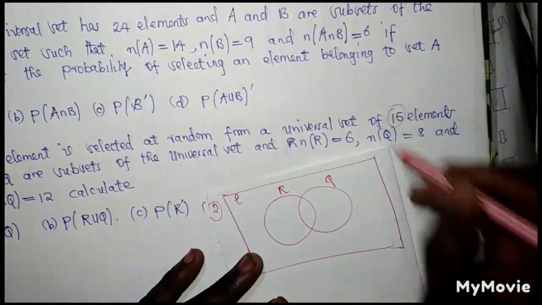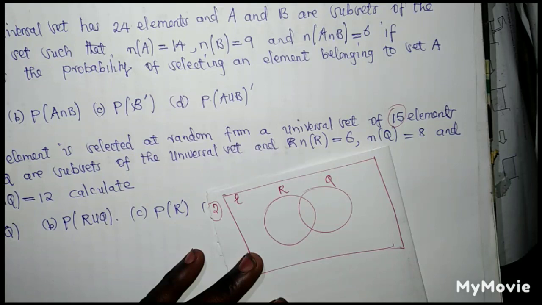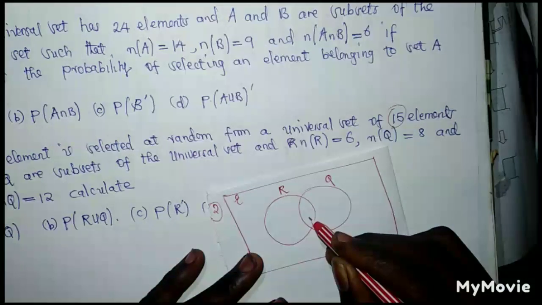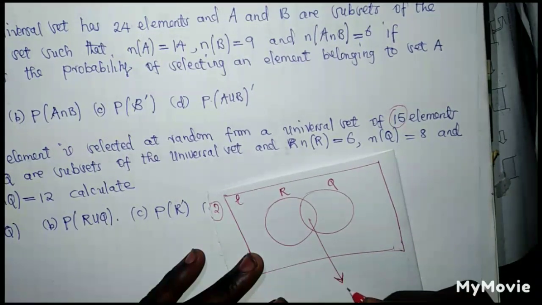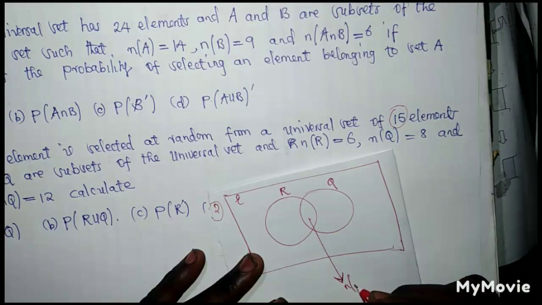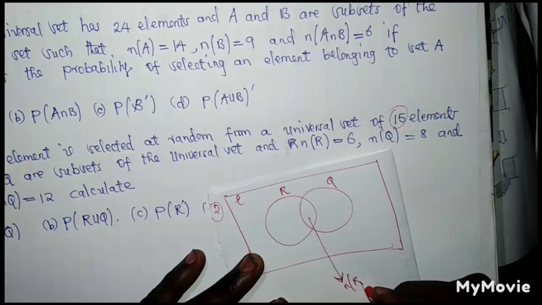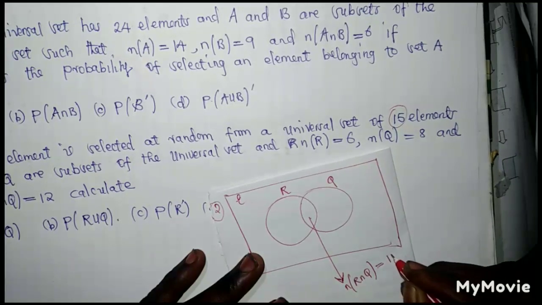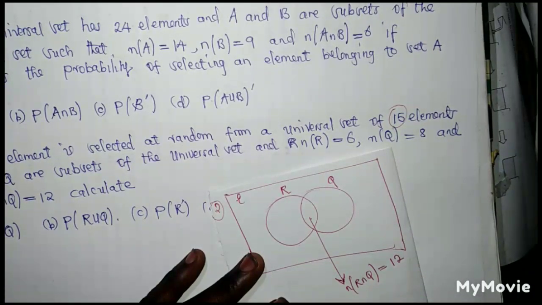We are told it's 15. R and Q are subsets of the universal set such that the number of elements in R intersection Q is equal to 12.